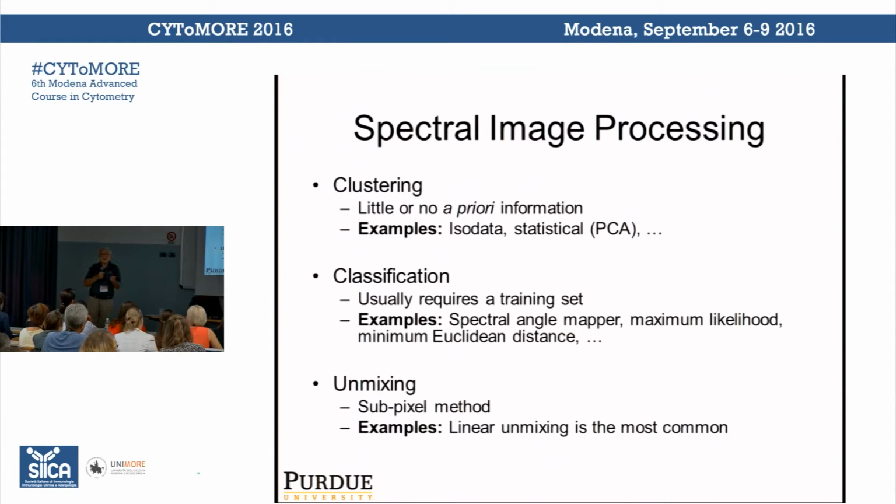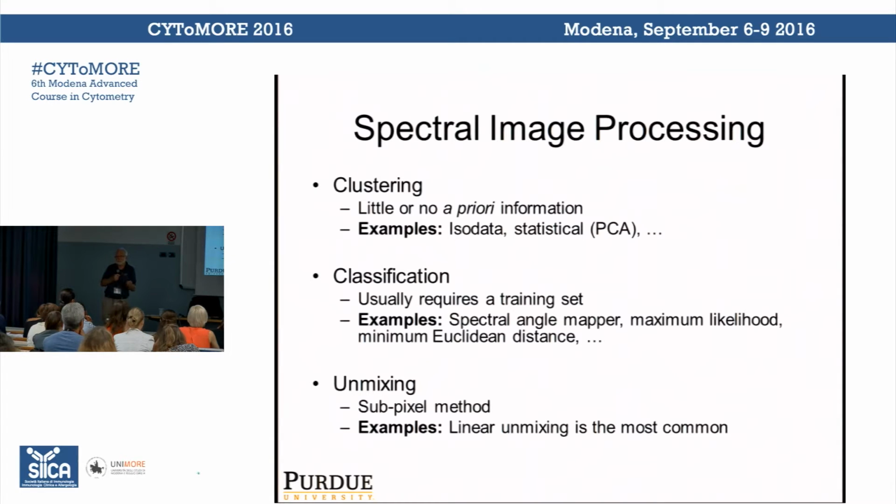So spectral image processing does require some significant knowledge. And there's a lot of things that you need. It doesn't just happen, it looks like it does, but there are a lot of processes underneath the hood that you have to understand. But it can be done.